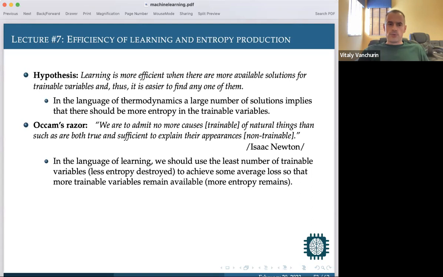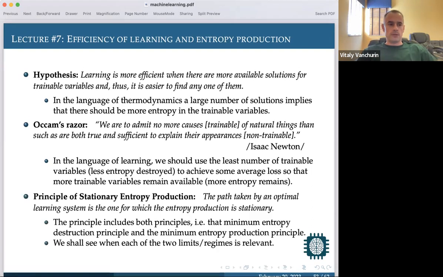And that brings us to the principle that we already discussed when we derived how the learning system behaves near equilibrium. Now here we're going to be applying this further away from equilibrium, like in the very beginning when you just start learning. It seems that it's beneficial for the entropy production to be stationary.